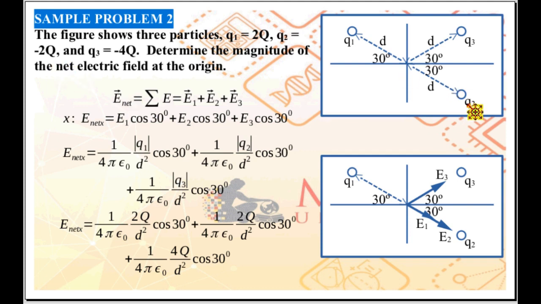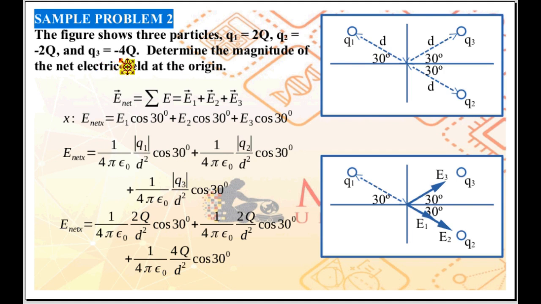Q2 is negative. The electric field produced by a negative charge is directed towards the negative charge. So Q2 will produce an electric field at the origin. The electric field E2 will be directed towards Q2, towards negative charge. The same goes for Q3.